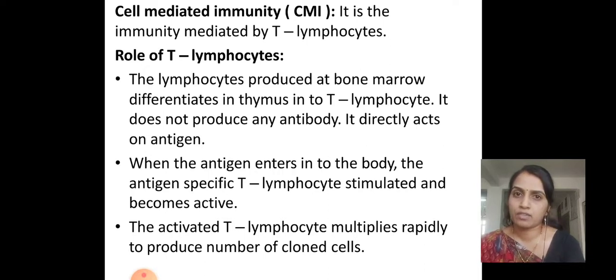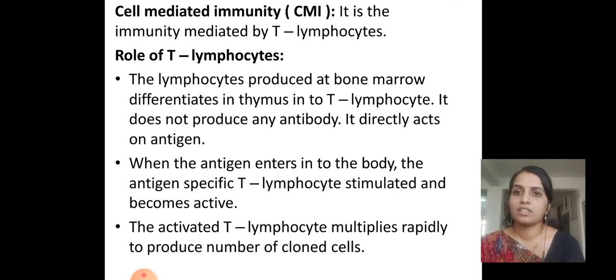So the fighting mechanism of the T lymphocyte cell is dual. One, they directly attack the antigen and destroy it, and second, they help the B lymphocyte cell to develop or synthesize antibody.